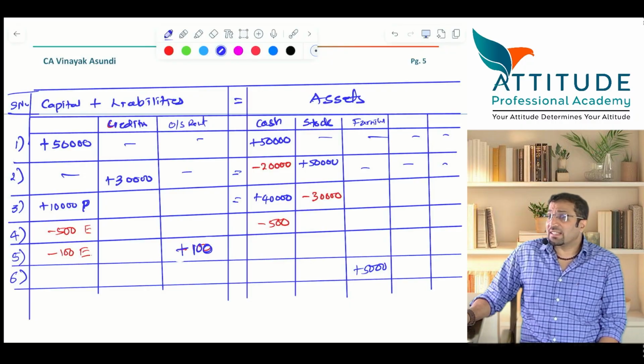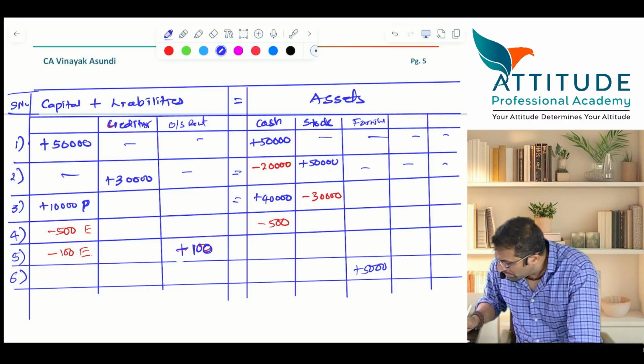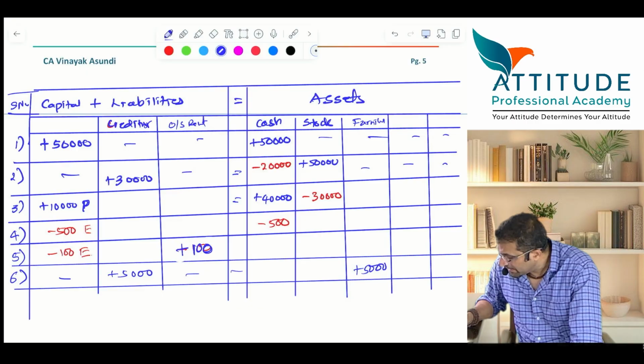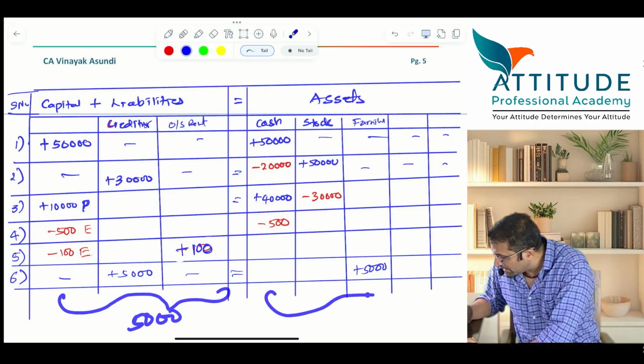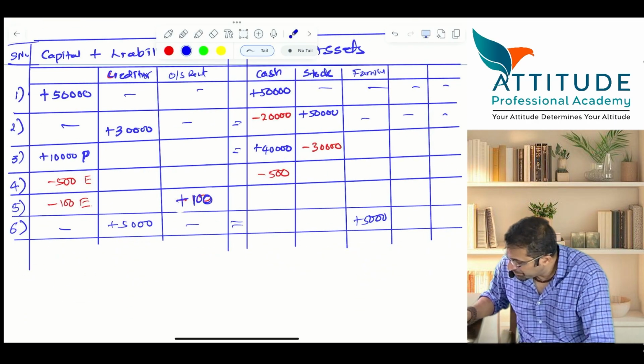Furniture purchased on credit, what is increasing? Liability. Liability means creditors, yes or no? So in the creditors column I'll write plus 5,000. Capital nil effect. Is that clear? Equation holds good. This side the effect is 5,000. This side also the effect is 5,000. Is that clear? Next item.